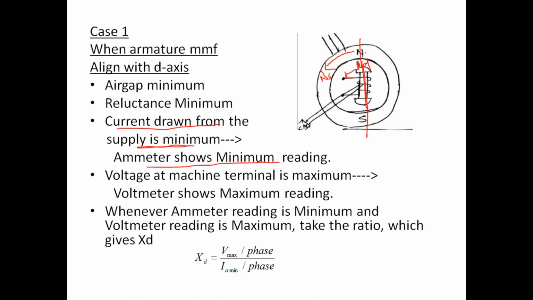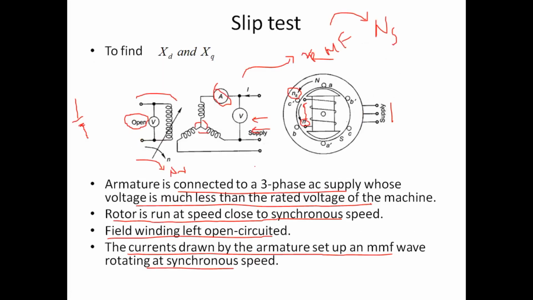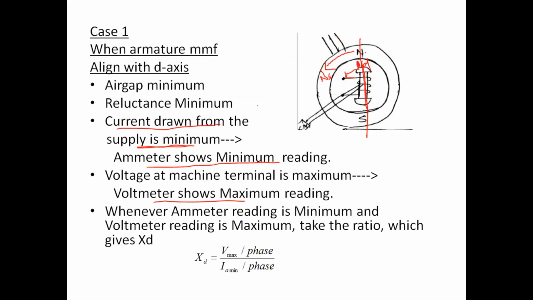Since current is minimum, drop is minimum, so voltage will be maximum. So this ammeter will be showing a minimum reading and the voltmeter a maximum reading in this case 1.